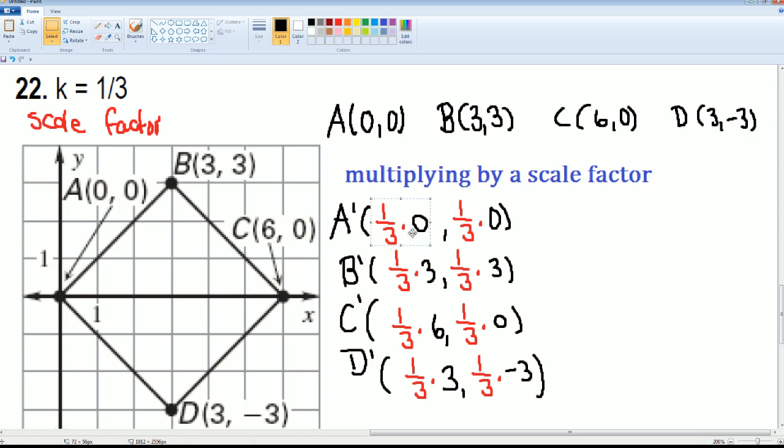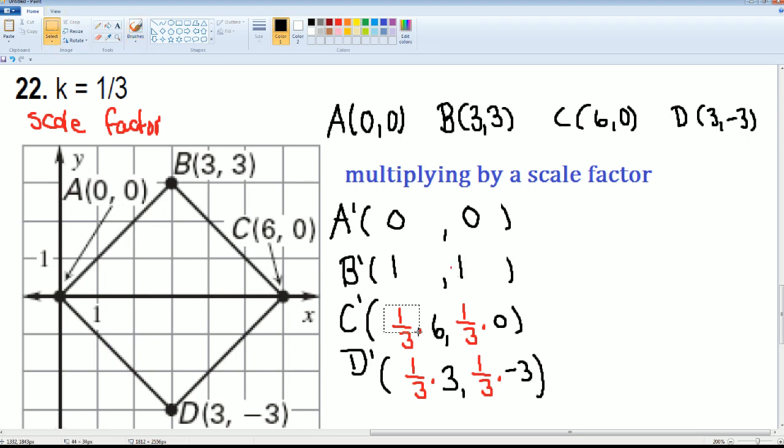1/3 times 0, that just becomes 0. What is 1/3 times 0? Again, that is 0. What is 1/3 times 3? That becomes 1. What is 1/3 times 3? That is going to be 1 as well.